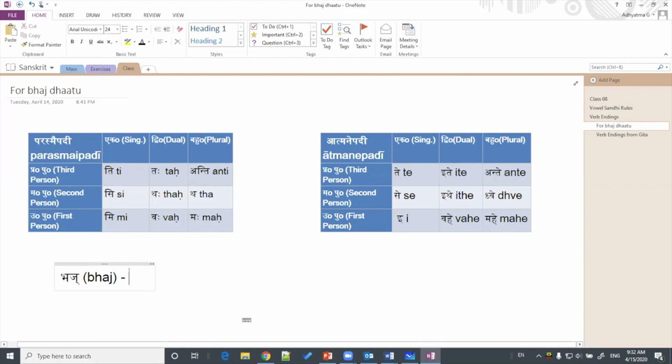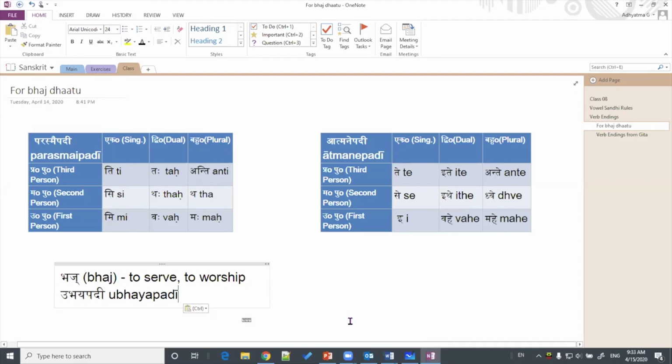It means to serve, to worship. That bhajana, we say bhajan, is coming from this root, bhaj. And it is a ubhayapadi dhatu.